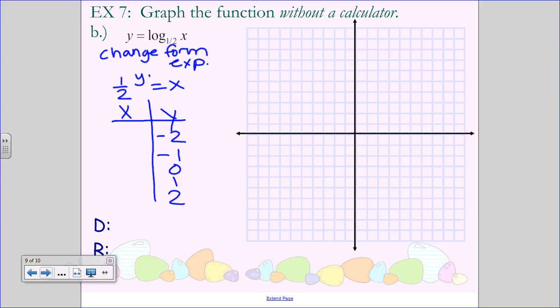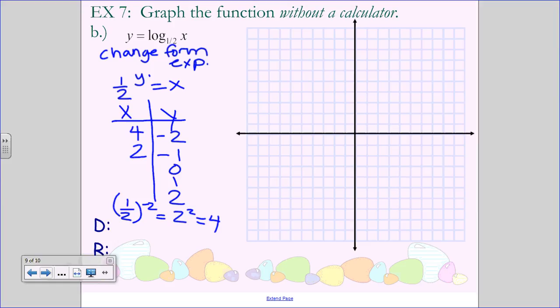So now it's just like before. I'm plugging the -2 in for y and finding what x is. So 1/2 to the -2, that's going to flip the fraction, and I get 2 squared, which is 4. So 4 is my x value. I plug in -1, it just flips the fraction, and I get a 2.